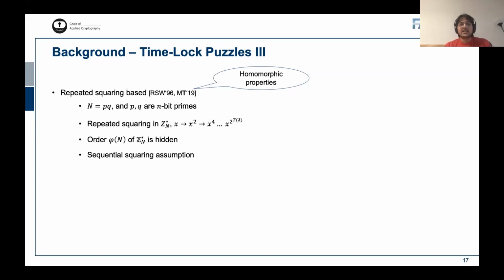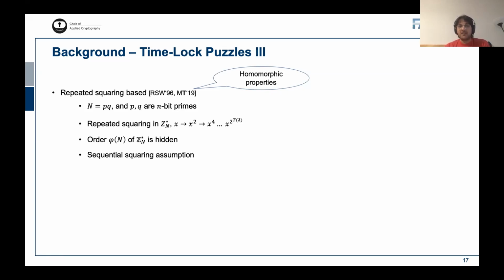If that is the case, then you can make the sequential squaring assumption and argue about the parallel solving of the time lock puzzle. And I won't talk about this in this talk, but in one of my previous works, where we do homomorphic time lock puzzles, that's 2019, which is also based on sequential squaring, you can achieve homomorphic properties, right?